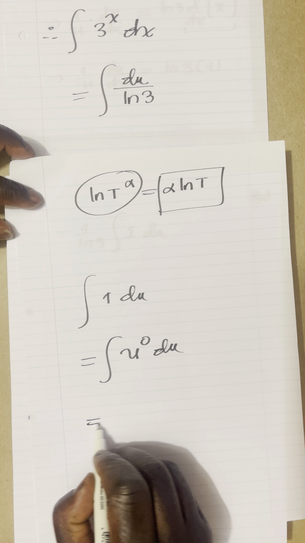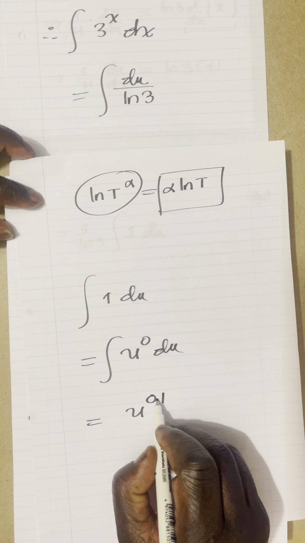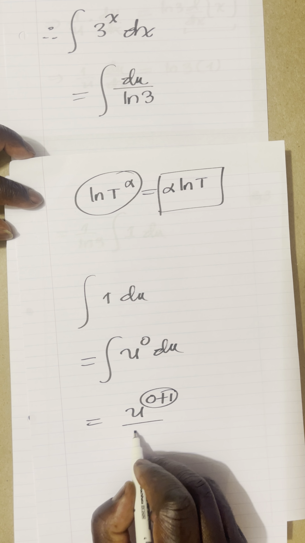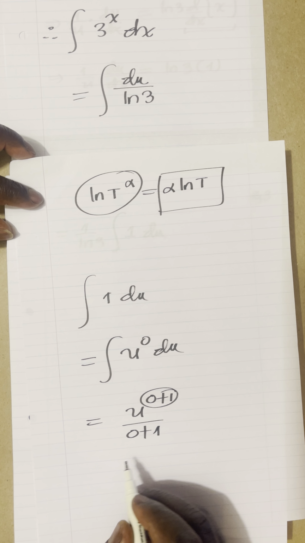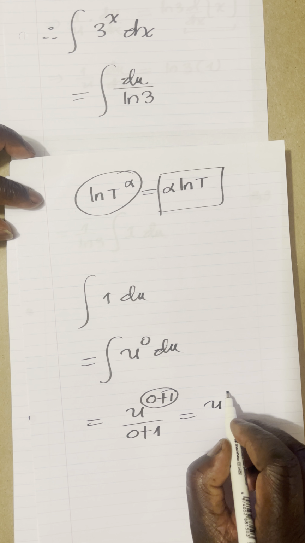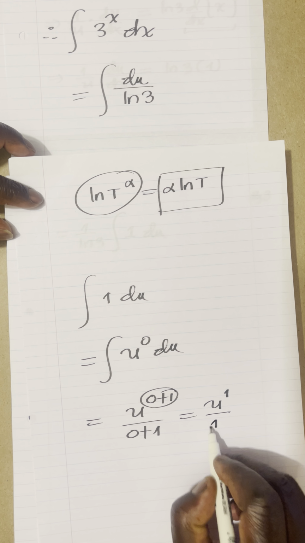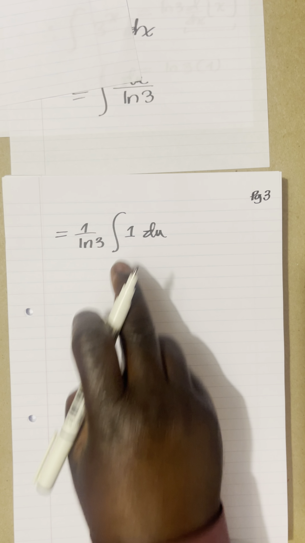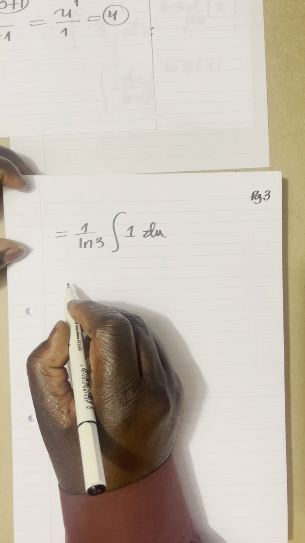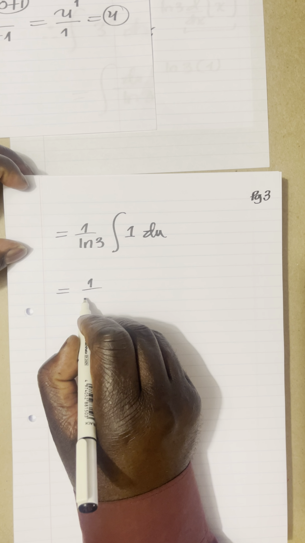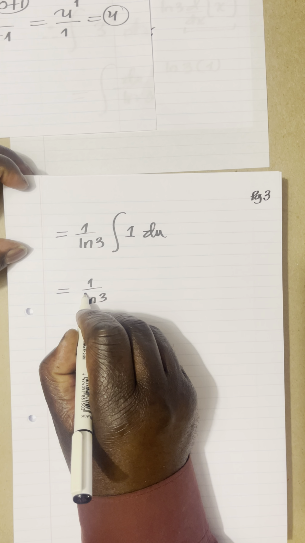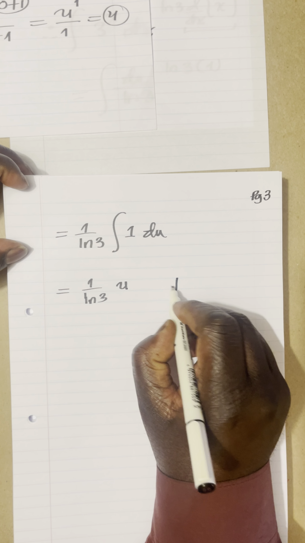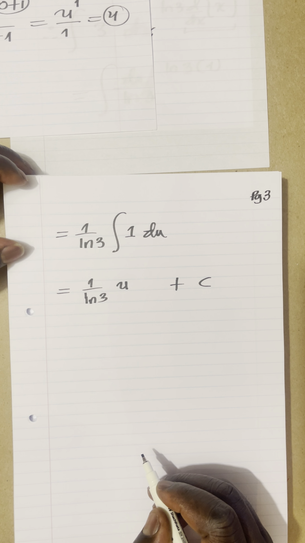Now, power rule says increase power by 1, take the result, divide. And what is this? In the numerator, you just have u to the power 1 all over 1, and this is just u. You'll agree with me. That's how we obtain u from this integral here. So this is just 1 over natural log of 3 times u. And then we have to say plus c because this integral is an indefinite one.